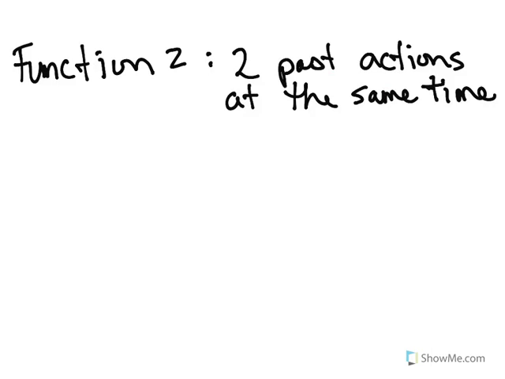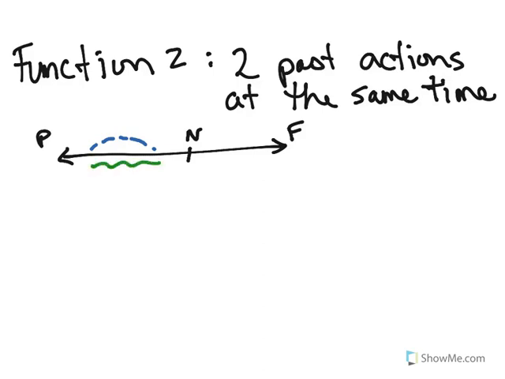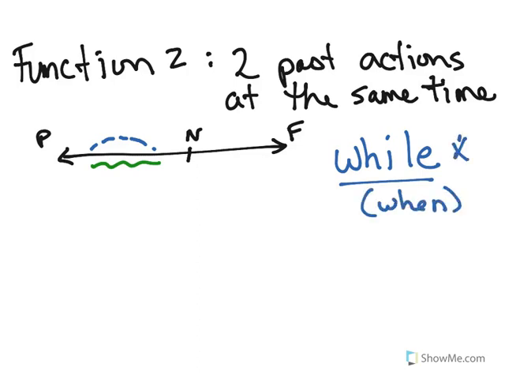A second way that I use past progressive is if I want to talk about two actions that were in progress in the past at the same time. So I might have this past action and I have this past action. You can see that those two actions were happening at about the same time. The word that I use when I want to talk about that is usually while. That's usually the connecting word that I want to use, but sometimes less common we might also use when, but most of the time we use while to connect two past actions ongoing at the same time.